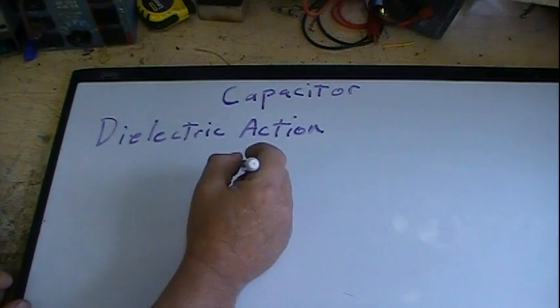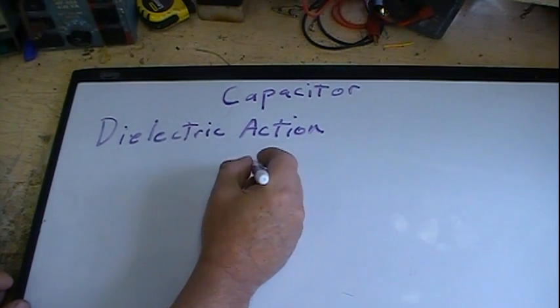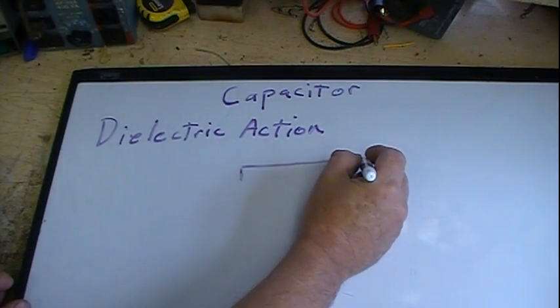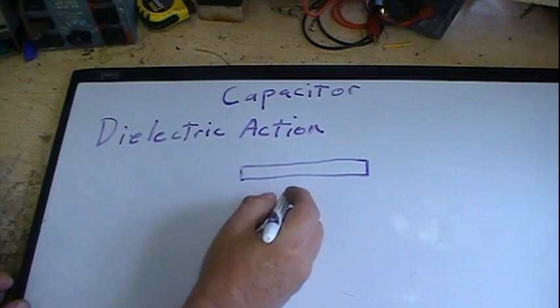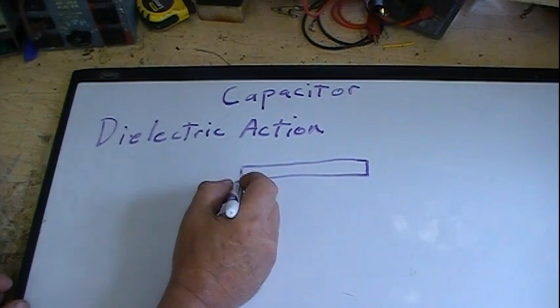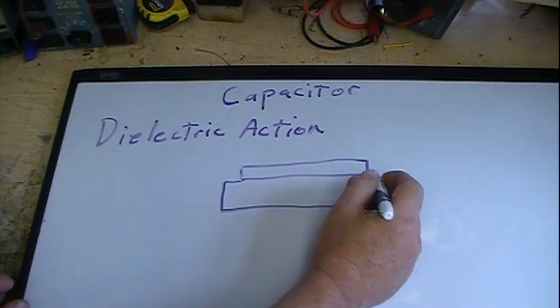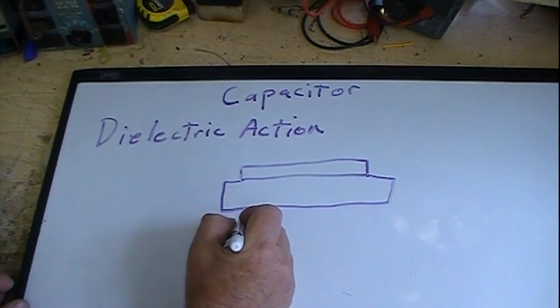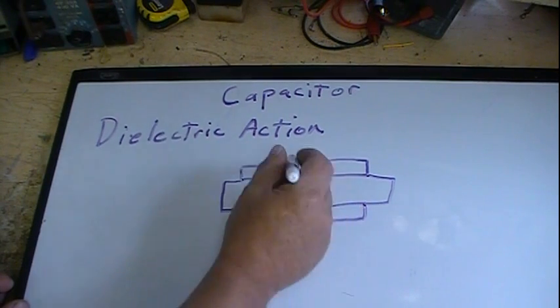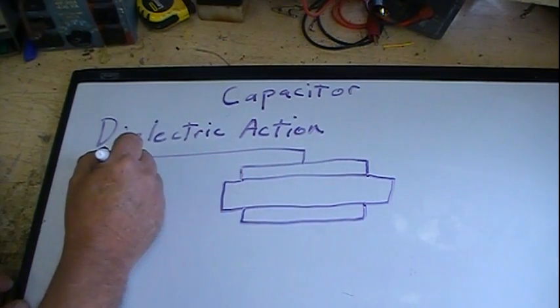If I have a capacitor, and hopefully this board is working for me, or my pins are. Here's one plate, and in between it we have the dielectric. This is extremely enlarged, by the way. There's the other plate, and we hook this to a battery.